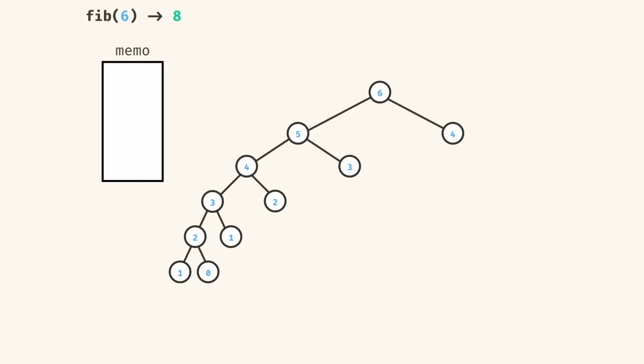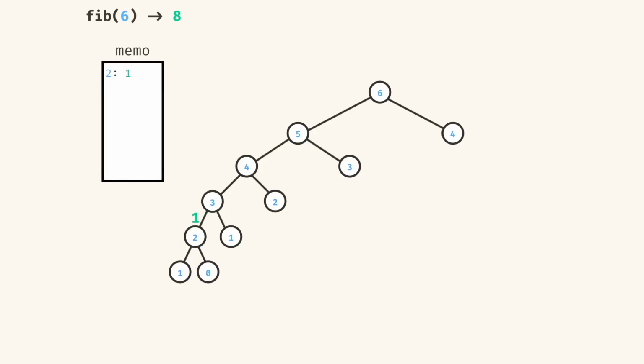And so we have the same base cases as before, right? We know that the first Fibonacci number is 1 and the 0th Fibonacci number is 0. And when these values return to the parent of 2, we're still going to calculate the sum over here. So 1 plus 0 is just 1. But now that I have this result, I can store it in the memo. So I'm going to make the key represent the input to that node or that recursive call.